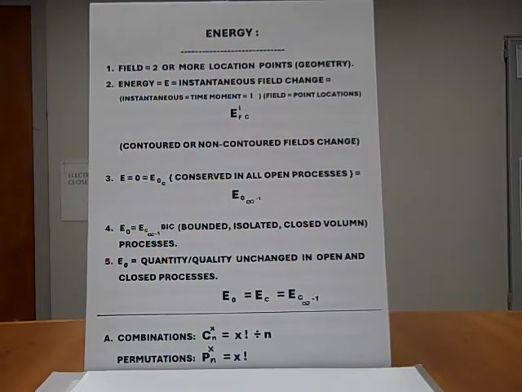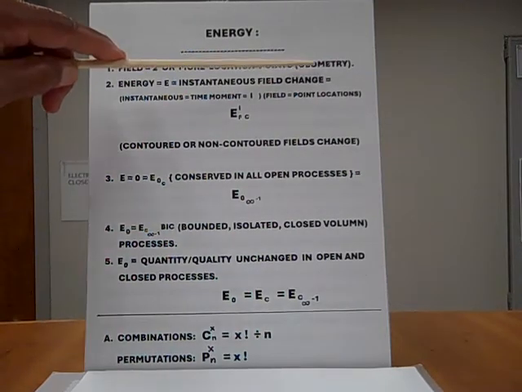Now, since we are going to use years, Y-E-A-R-S, we're going to go into energy. Number 1, a field. What is a field? A field is 2 or more location points, geometry.